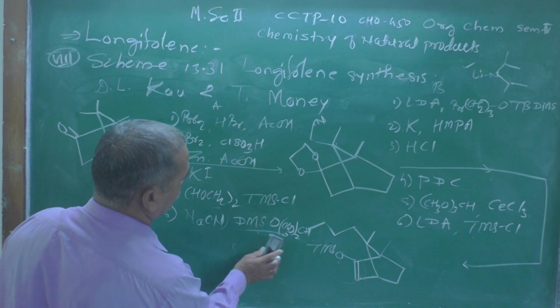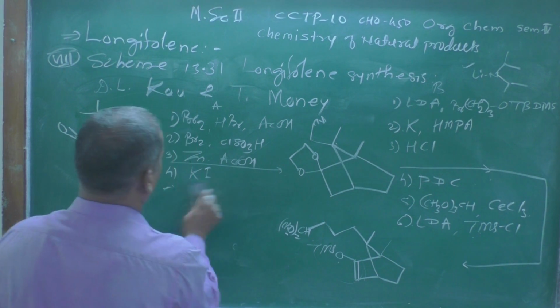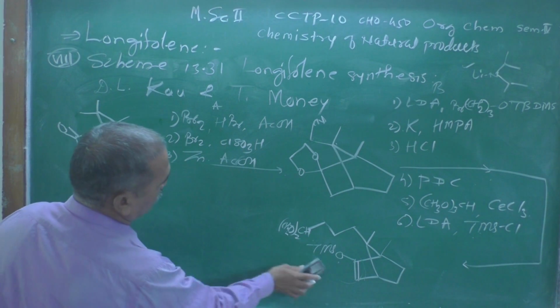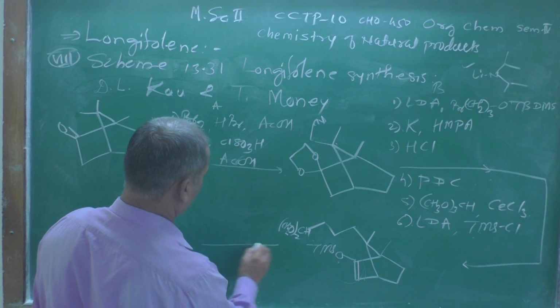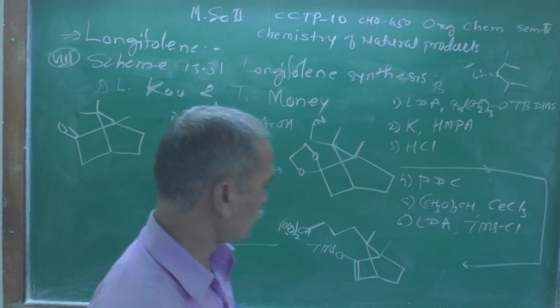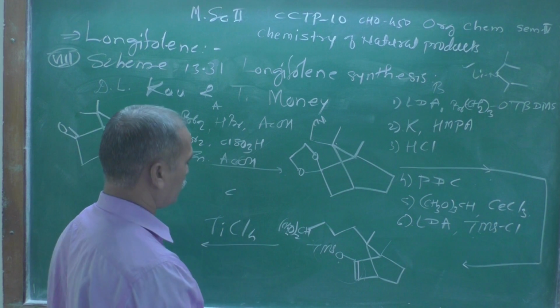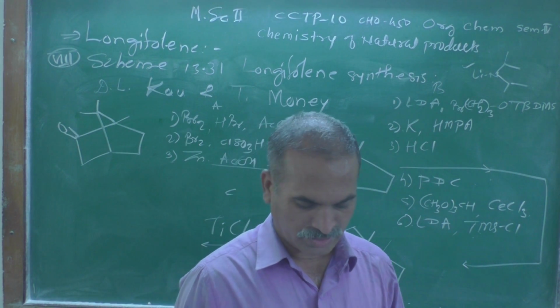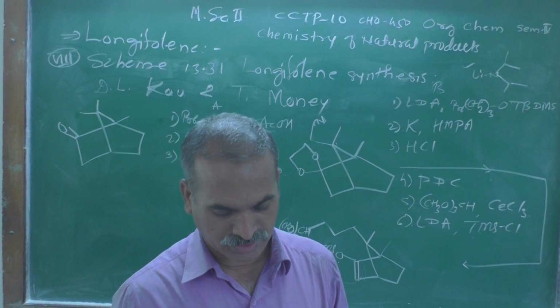Now let us see the further A, B, and now is the C reagent we are going to add over here. C reagent is only TiCl4, that is titanium tetrachloride, which is a very good reagent.